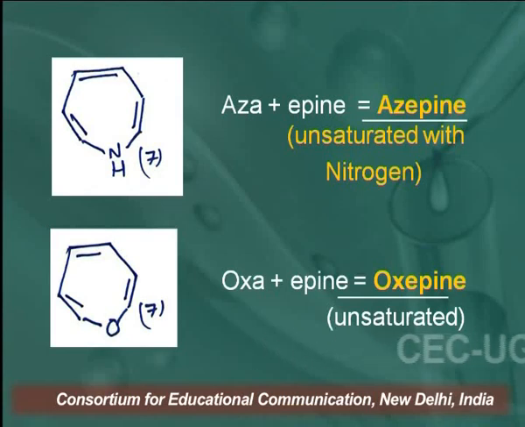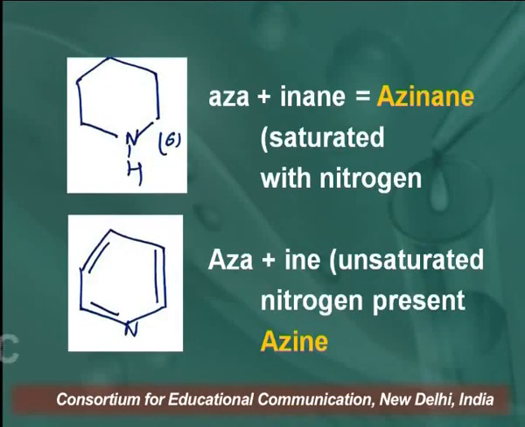Oxepine. Next, aza plus ane. This is a 6-membered ring, and for a 6-membered ring the ring size suffix will be in. So aza plus ane, and you have to drop the a from the prefix. This is saturated with a nitrogen atom, and we give it the name azinane.